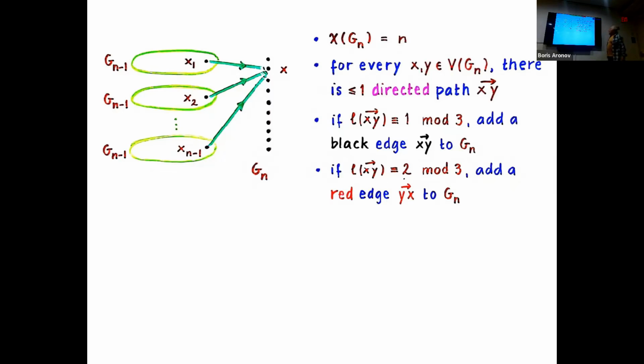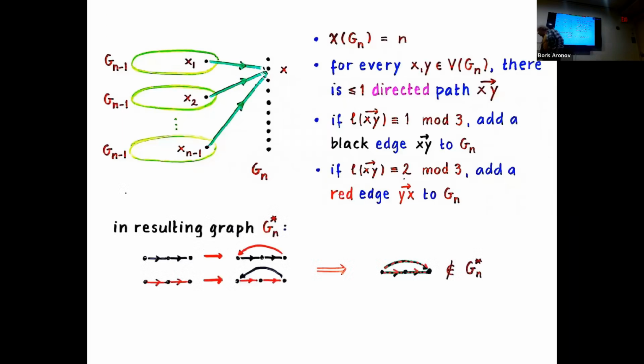And if the length is congruent to 2 modulo 3, then we add the red edge, but we add the red edge not from X to Y, but in the opposite direction. So now we have black edges and red edges, and this is our graph. This is our graph GN star, which is bigger than the original graph.